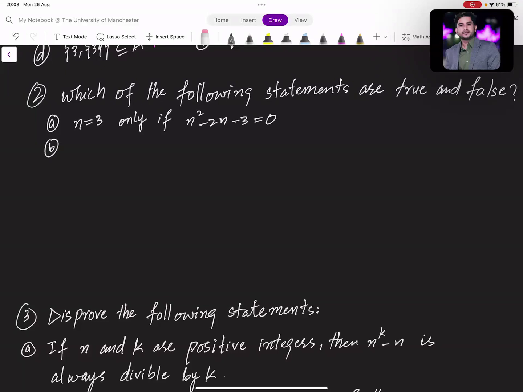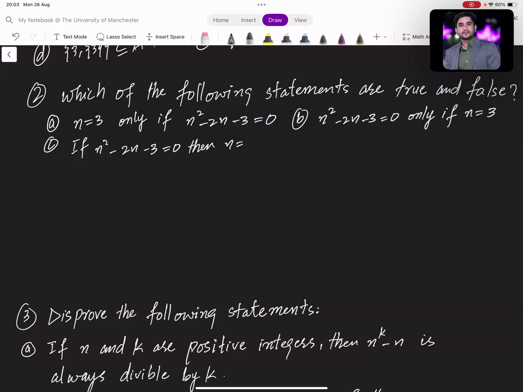Statement B is n squared minus 2n minus 3 is 0 only if n is 3. And statement C is if n squared minus 2n minus 3 is 0, then n is 3.